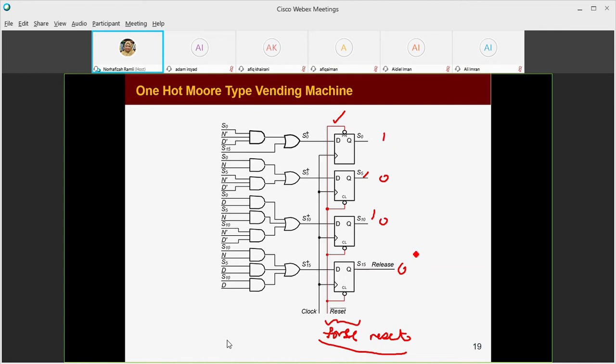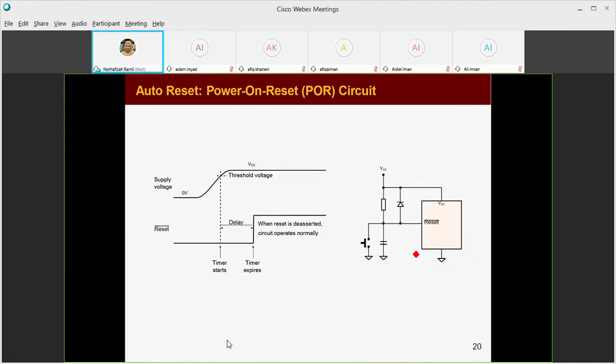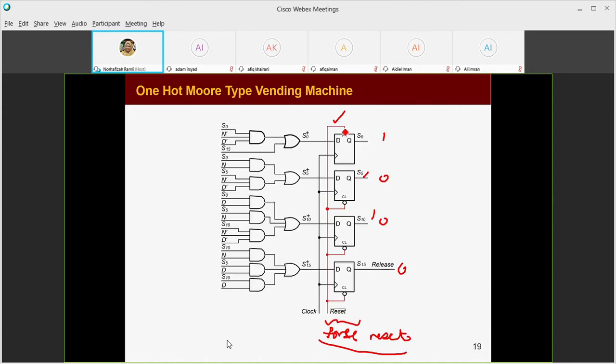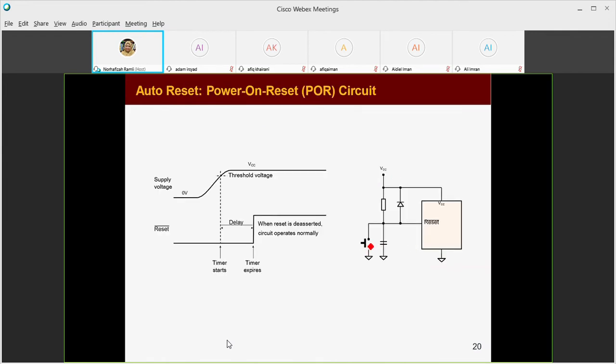Now the second method, this is the reset. Reset is actually active low because this is asynchronous. These are asynchronous inputs, and this one is active low. That means you provide only a low pulse momentarily, so you can use a push button. If you don't press the button, it will give you reset of VCC.